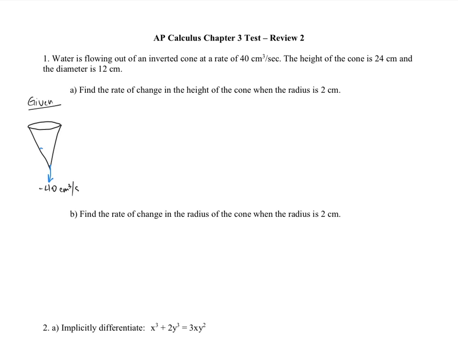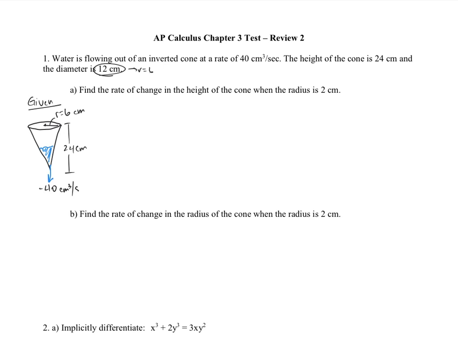Then we've got water in here at some height, and it tells me that the height of the cone is 24. So this height here is 24 centimeters, and the diameter is 12, which means the radius is 6. So let's put that in there. R is 6.